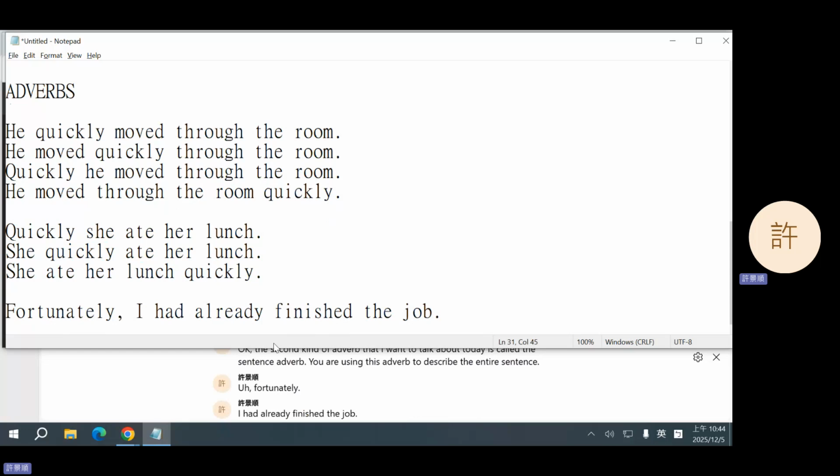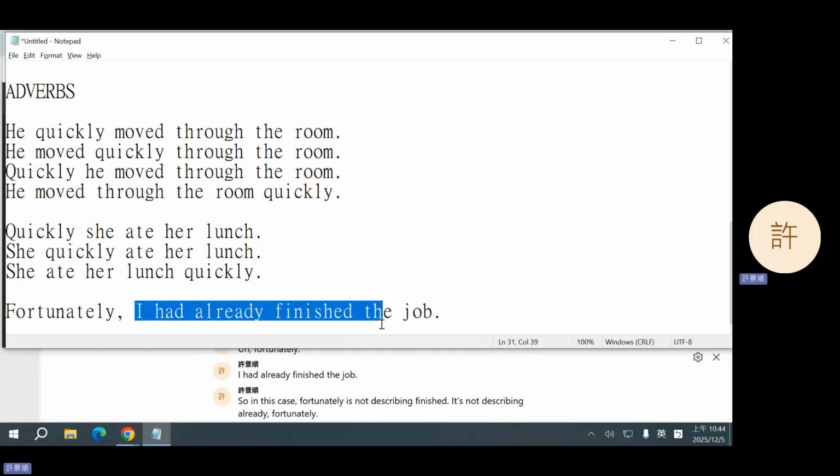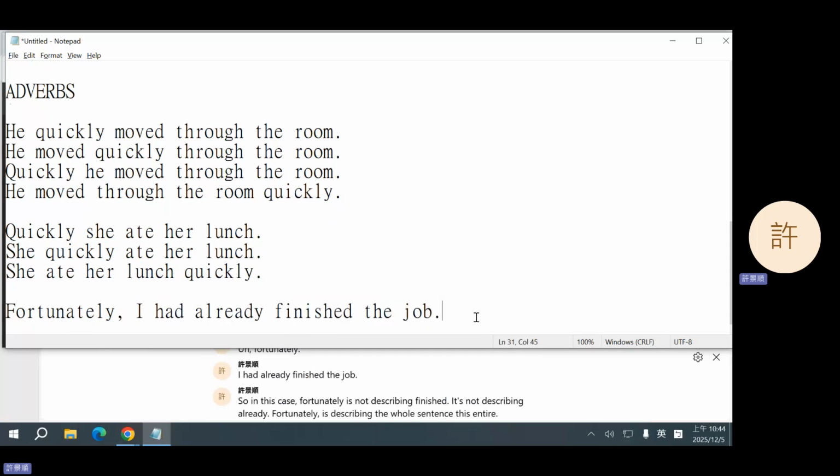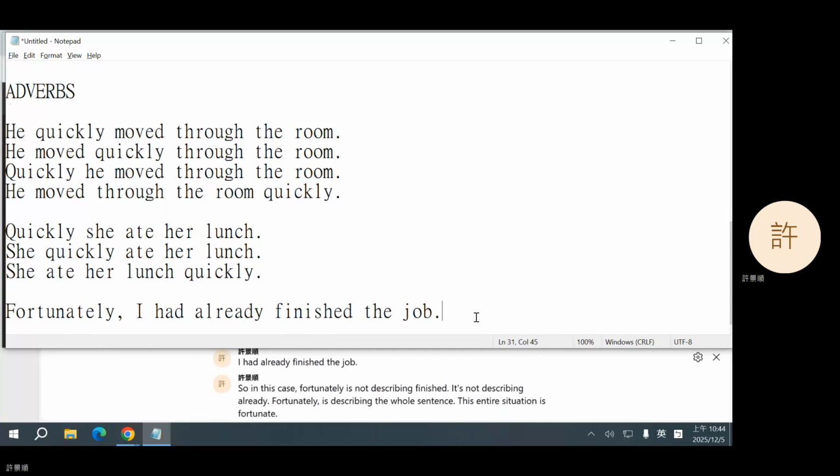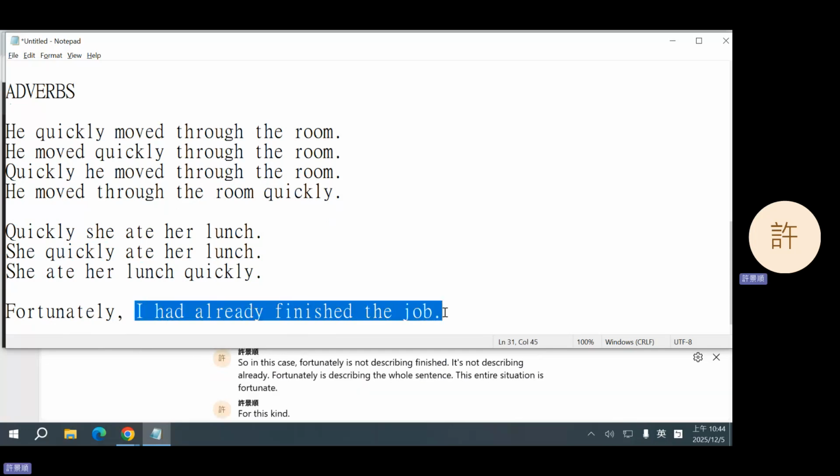So in this case, fortunately is not describing finished. It's not describing already. Fortunately is describing the whole sentence. This entire situation is fortunate. For this kind of adverb, you do need to add the comma.